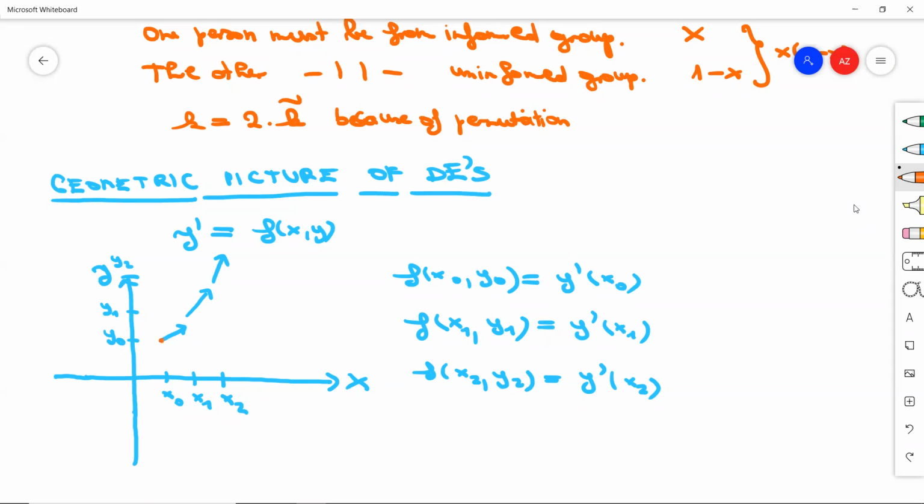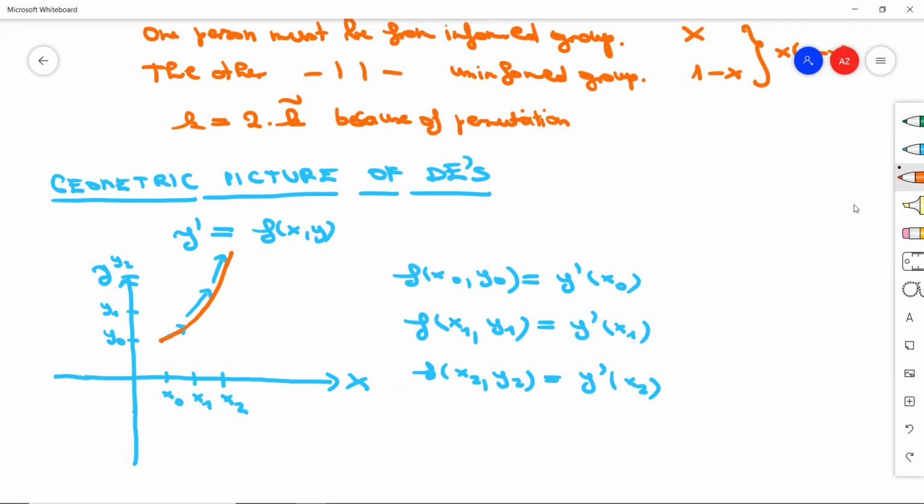So we follow a tangent a little bit, and then another tangent a little bit, and another tangent a little bit, and so on. Of course, we will make a numerical mistake because we cannot follow the tangent for an infinitesimal quantity, so we follow the tangent for some discrete quantity, which means that we make a little error at each step.